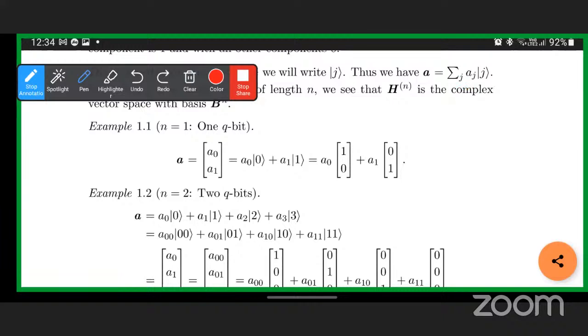I can write these as the 0th component and the 1st component. So I can write this A as A0 at the 0th component and A1 at the first component. And if you remember, this was this Q vector and this was this Q vector.